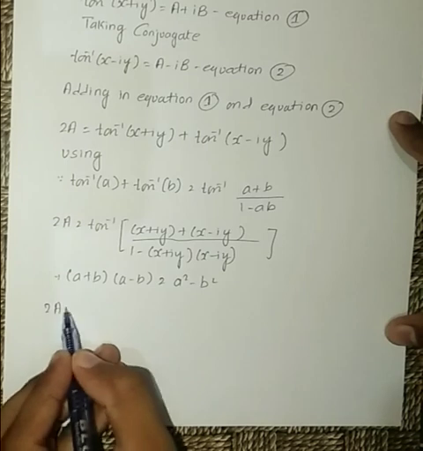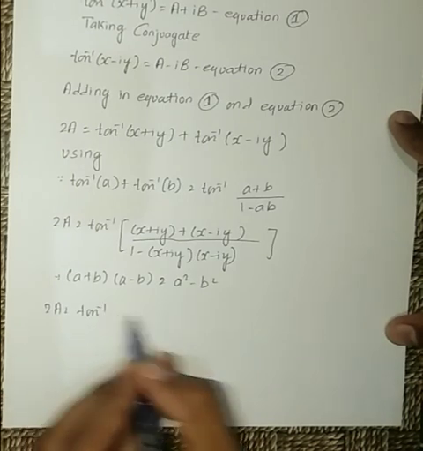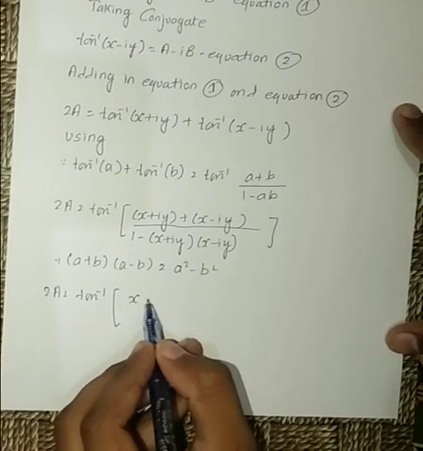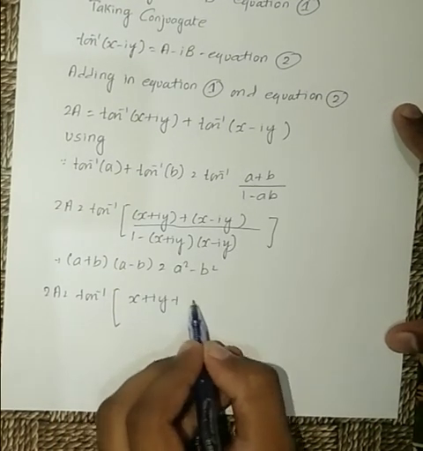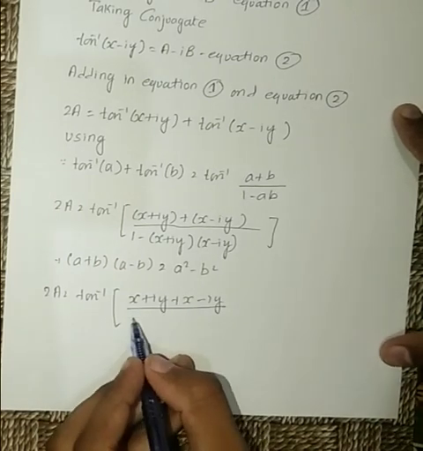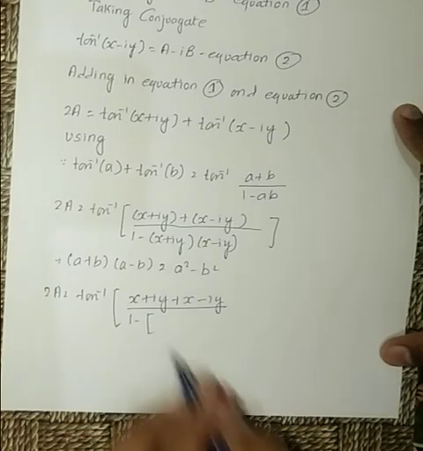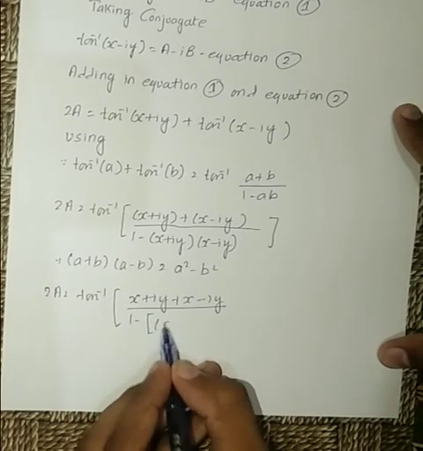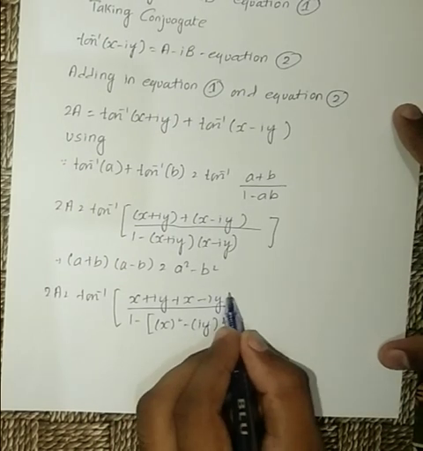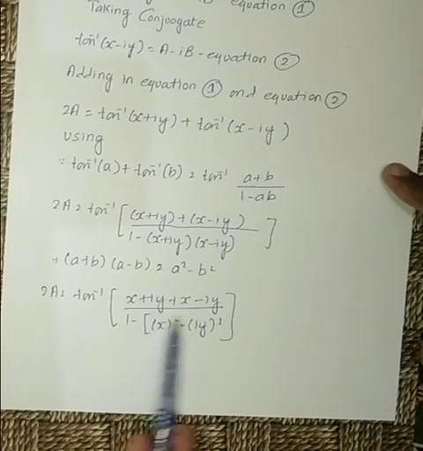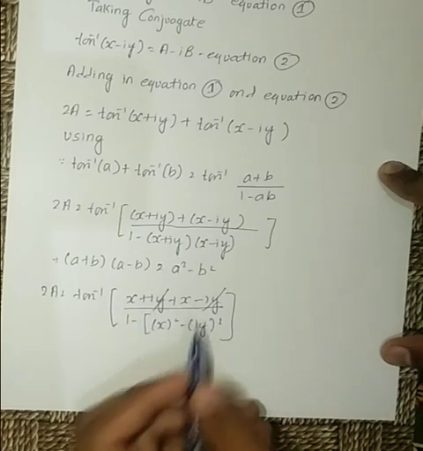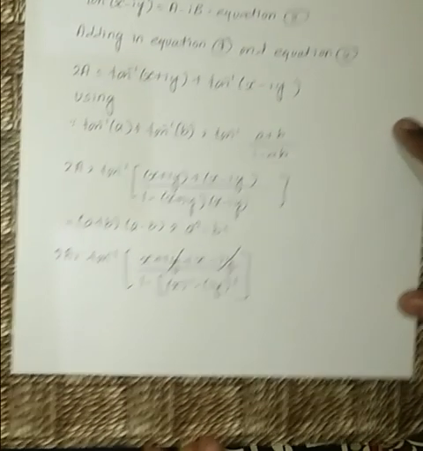So 2a equals tan inverse of x plus iota y plus x minus iota y over 1 minus, x square minus iota y square, and the iota y positive and negative signs cancel. So x plus x equals 2x.